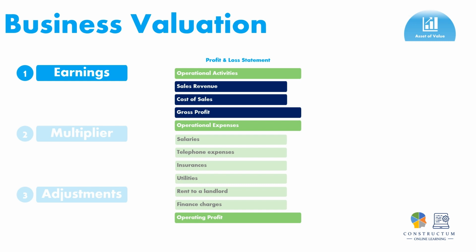Examples include a salary for a spouse not actually working in the business, personal expenses like cell phone accounts for family members, life insurance premiums that should really be run through the personal bank account of the director, and debt installments related to personal use assets like cars, boats, and other assets. These expenditures should be removed from the calculation as they are not business-related expenses, and their inclusion gives a distorted picture of the business's real operational expenses.